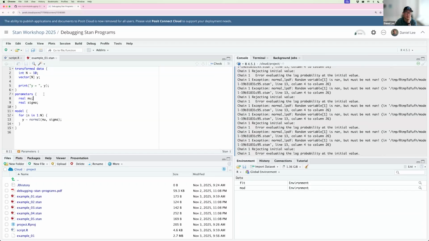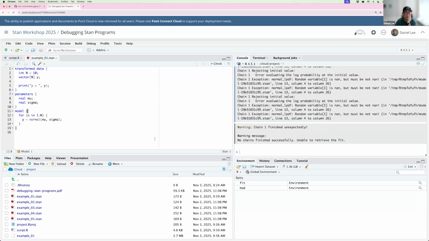The parameters block tells the Stan program what it needs to define as parameters, and then the model block runs multiple times per iteration. So this is run exactly once, and this is run for every iteration, but it could actually run a lot of times. If we have a generated quantities block, this is run once per iteration.